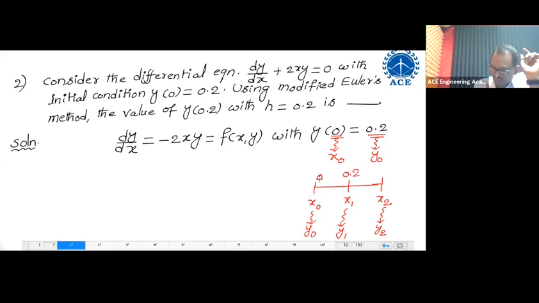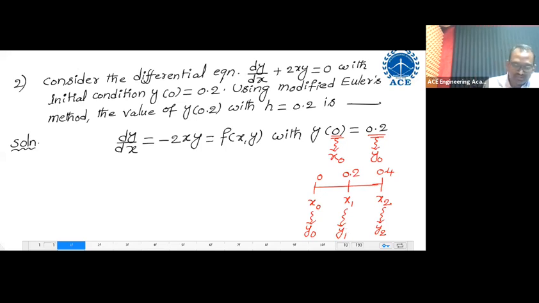If subinterval length is 0.2, this value should be 0.4. You are asked to find y value at 0.2. Y value at 0.2 is y1. So we need to find y1.